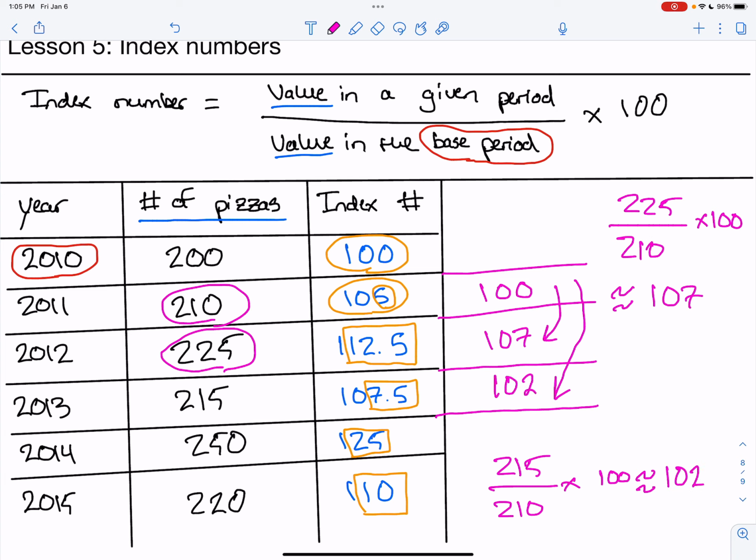So that means that the percentage increase from 2011 to 2013 is 2%. Now, I'm going to flag one more possible pitfall, okay?